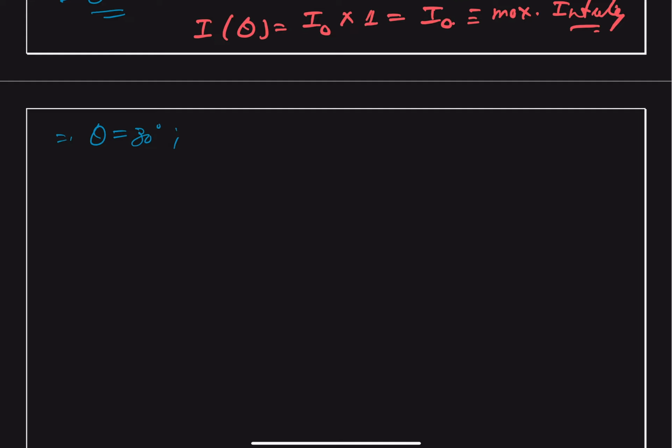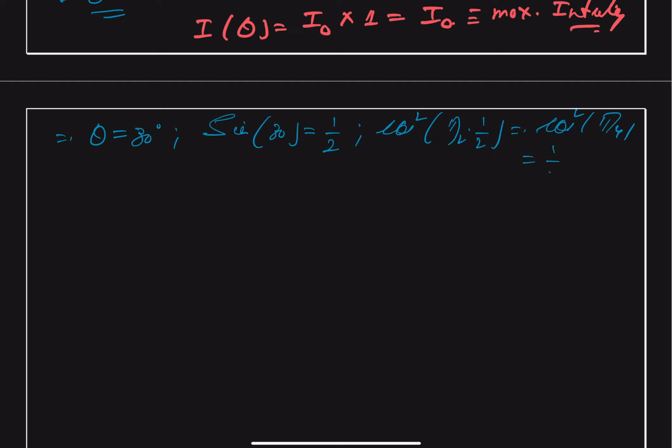Now next is theta equal to 30 degree. Sine 30 is 1 by 2, and we find cos square of pi by 2 multiplied by half. This comes as cos square of pi by 4. Cos pi by 4 is 1 by square root of 2, its square will be equal to 1 by 2.